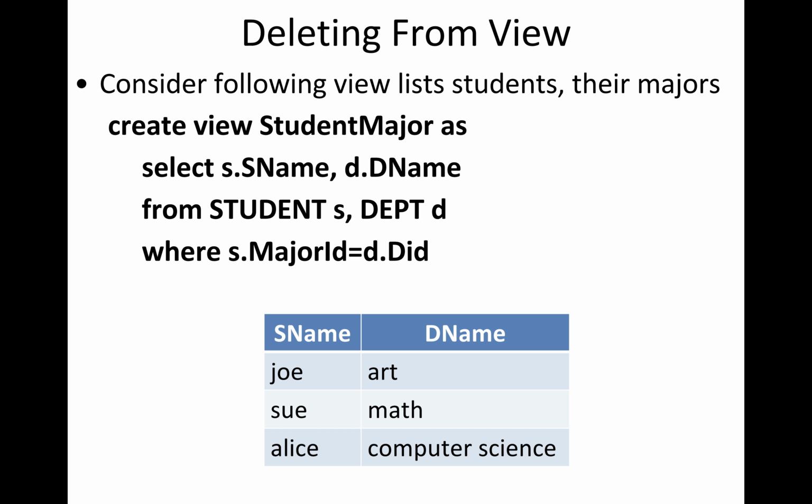So what would it mean to make a delete on this? Or what would it mean to make a change in the art here? If I want to change this department name, does it mean that I'm changing the name of the department? Or does it mean that Joe is no longer in the art department and is in some other department? Since there's no single, unambiguous way to interpret what you mean, we typically disallow those changes.